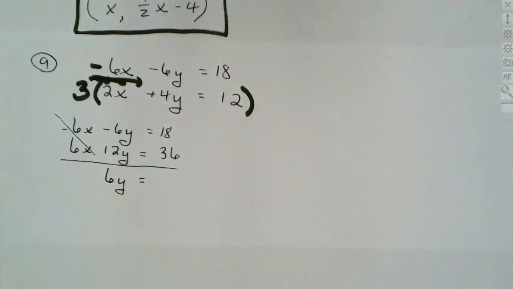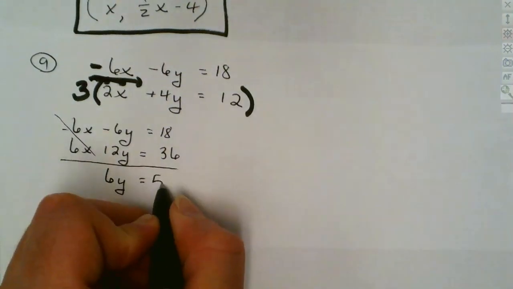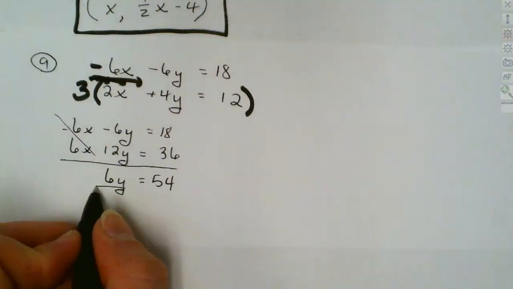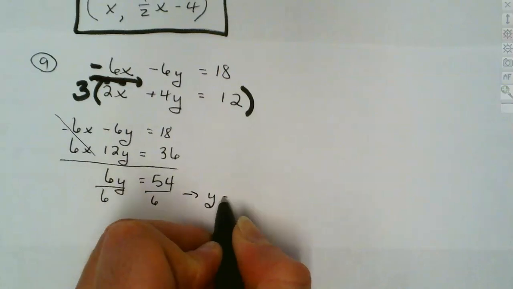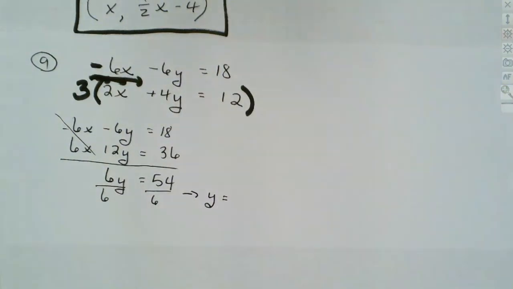And we're going to go ahead and add down here as well. We've got 18 and a 36. Add down, that's a 54. We'll divide by our 6, and now we've got one part. So we now have our y. So y is going to be 54 divided by that 6, and that comes out to be a 9.